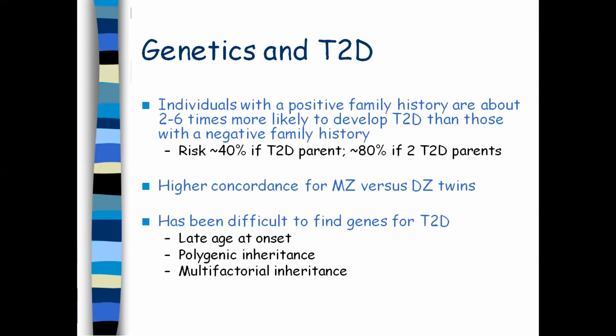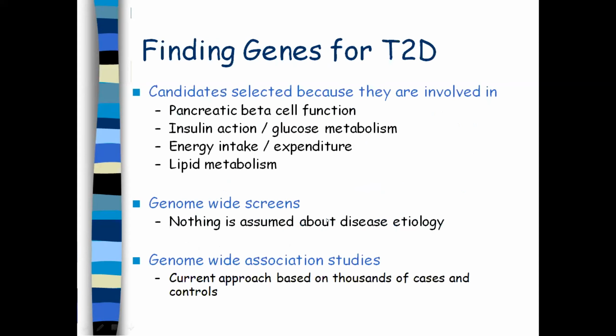So there is higher concordance for monozygotic twins versus dizygotic twins. So it is mostly observed in monozygotic as compared to dizygotic. It has been difficult to find the genes for type 2 diabetes because of late age at onset, polygenic inheritance, and multifactorial inheritance.